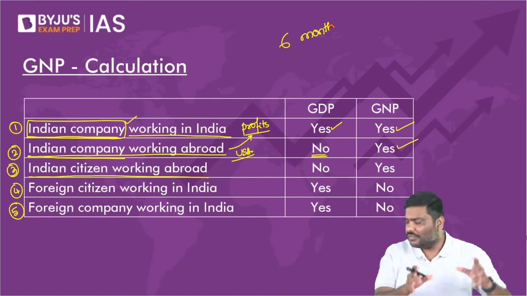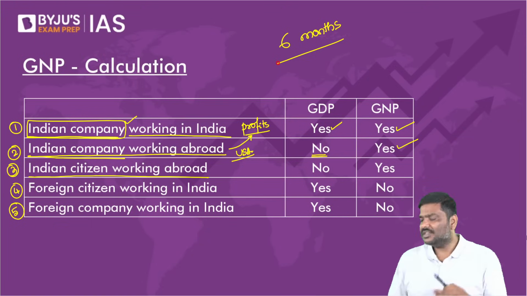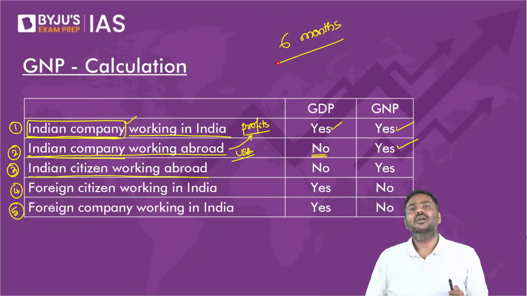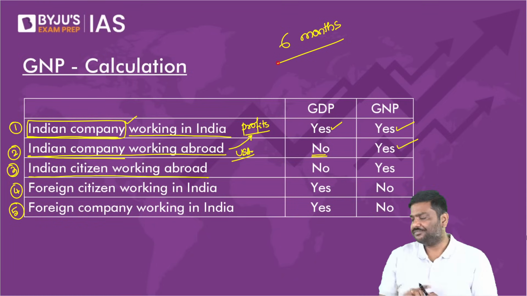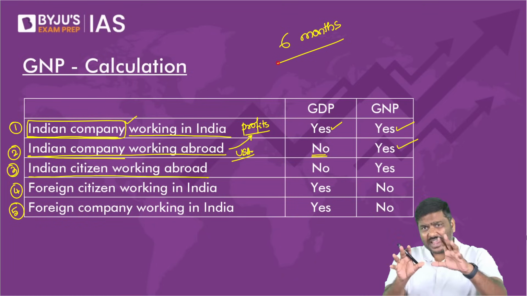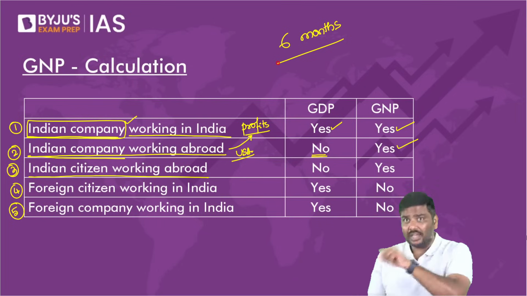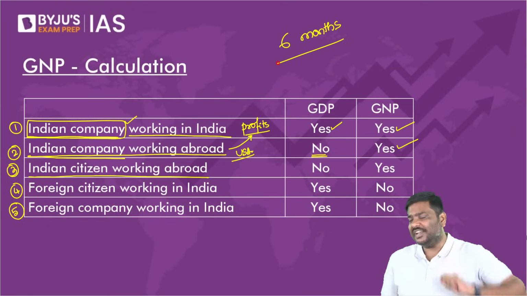Indian software engineers go to USA for 2 months, 3 months, 6 months, onshore work, etcetera. Then they'll come back. So understand the argument here. Imagine you have gone to USA for 6 months and you will earn a salary in USA. I repeat, you will earn a salary in USA. Will you count this salary as part of India's GDP?